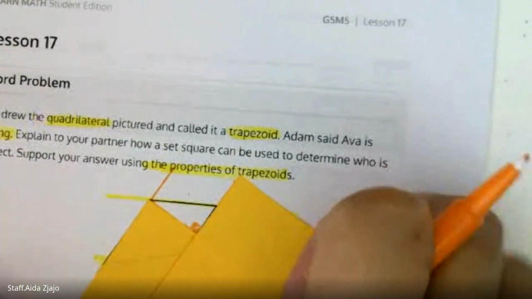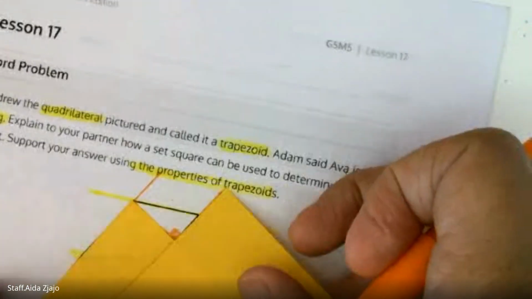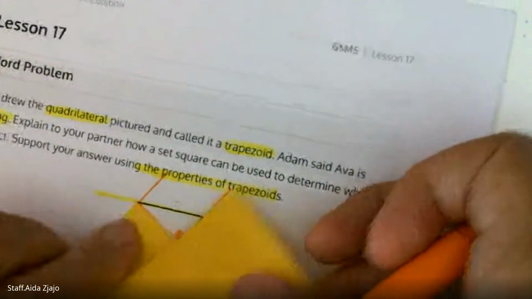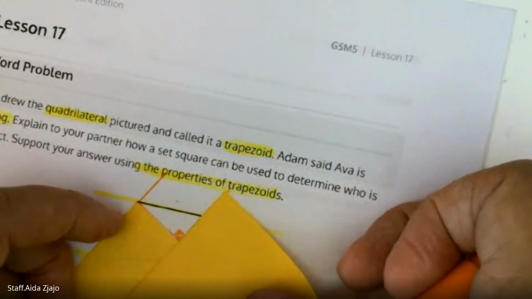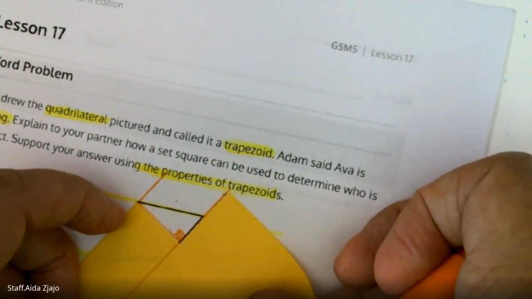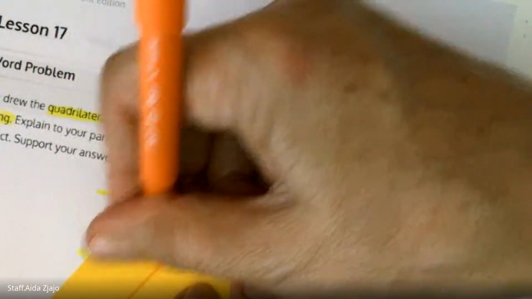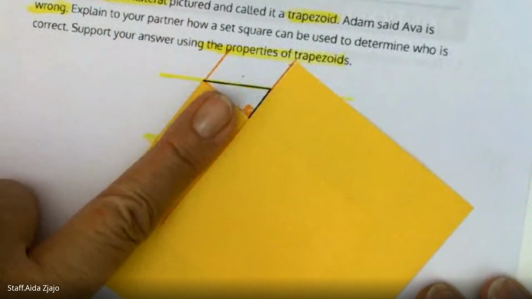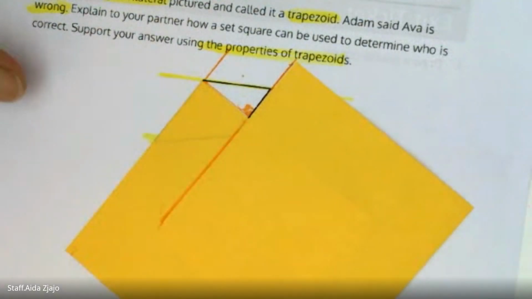I messed up a little bit because it didn't come out perfect. So now it is. All right. Okay, got it. And when I push toward the line, it creates the same distance between.